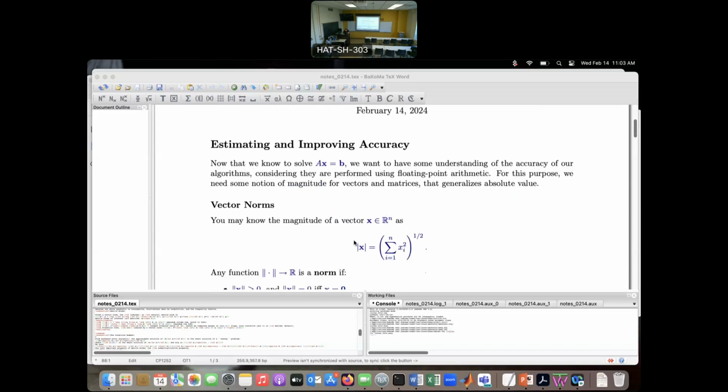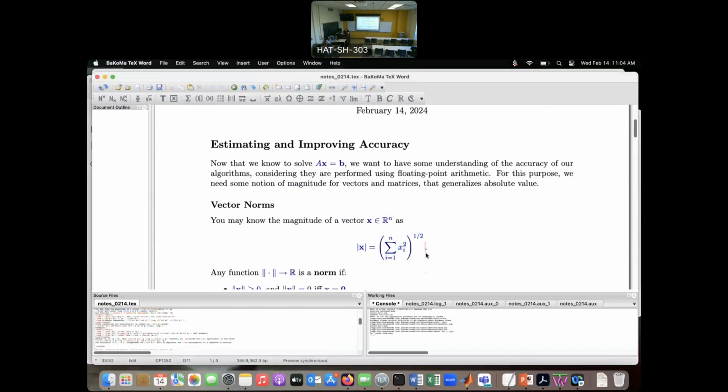So this is a notion of magnitude that we all will be familiar with. For a real valued vector it would be the square root of the sum of squares, or if x was complex, we'd be taking the absolute value of each element and squaring that. In the calculus books, this is one I've been using lately, we use a single bar to indicate magnitude of a vector, kind of like absolute value, which I'm not really a fan of.